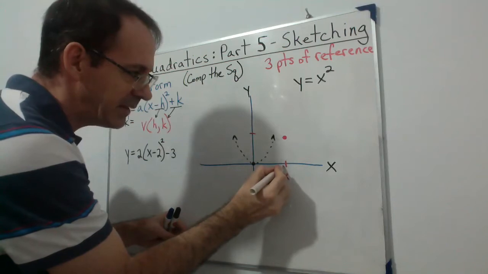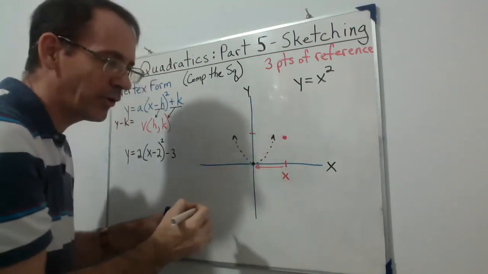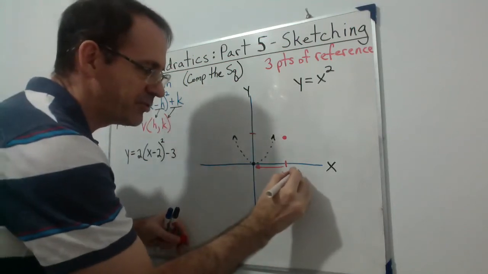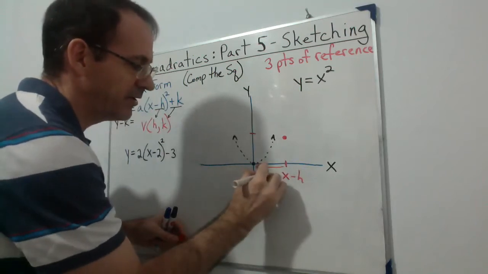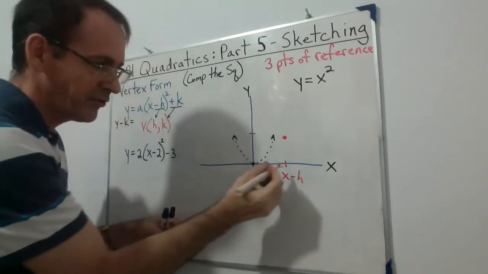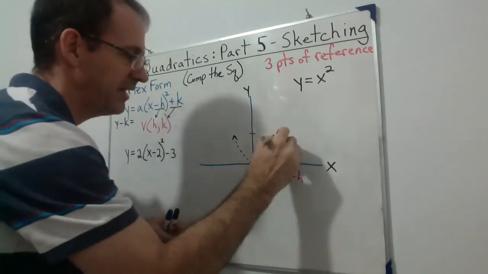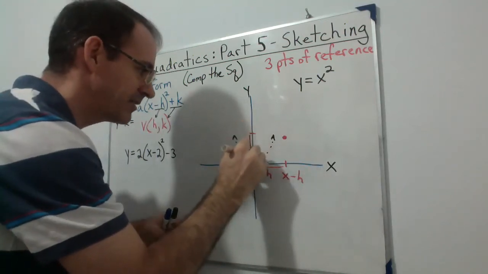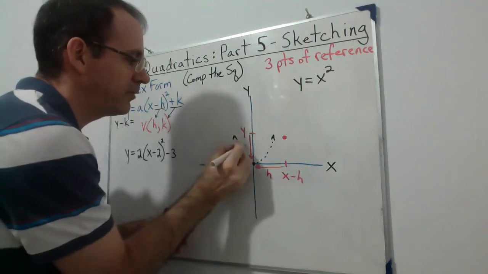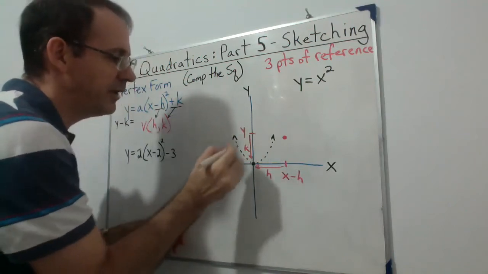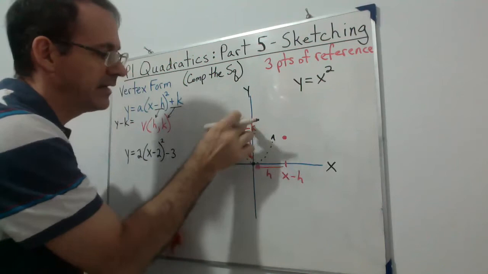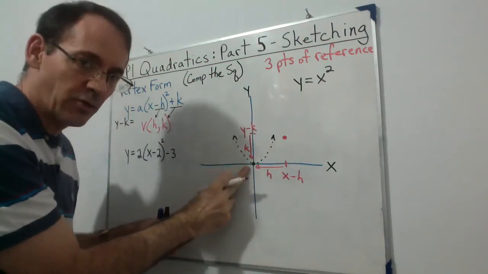Well, to get it back to the origin, you need to subtract something. Here is h length. So to get back to the origin, you have to subtract h. To get here back to the origin, this is your y value. If this is your k, then you have to subtract k to get back to the origin.